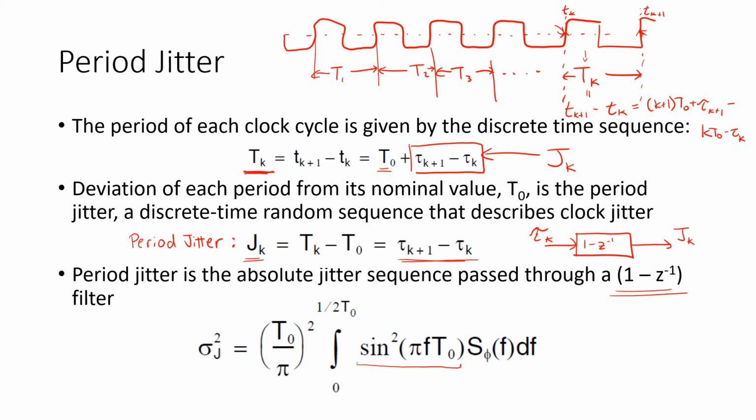So if we observe the spectrum of the jitter sequence J_k, we will see the phase noise filtered by this 1 minus z inverse response.